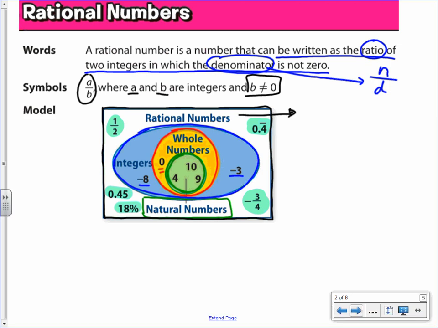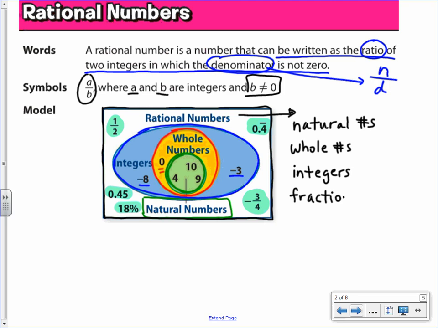We can start with natural numbers. We can include whole numbers. We can include integers. We can include fractions. We can include percents. We can include terminating decimals.